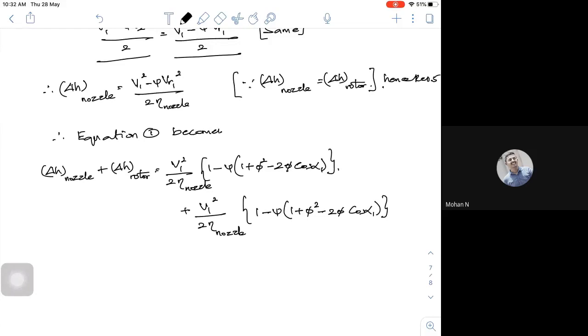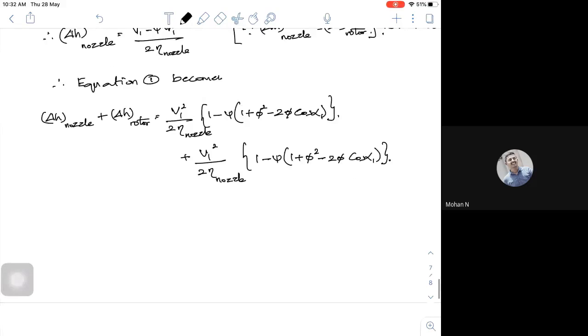So half plus half is 1, and I can write it as V1 square by your nozzle efficiency into 1 minus psi into 1 plus phi square minus 2 phi into cos alpha 1.